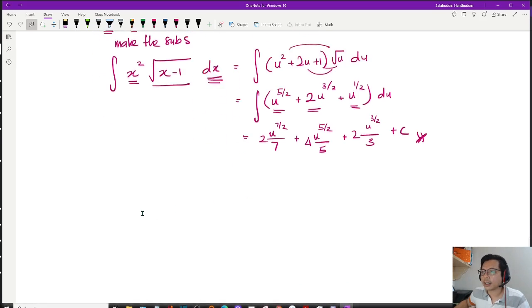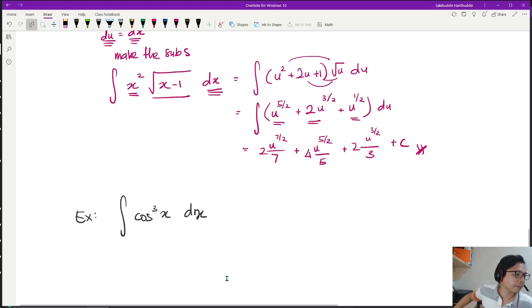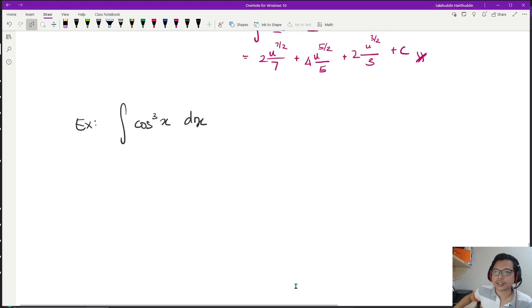And I need to show you another cool example that I found. Just want to show this to you guys. How do you try to solve this?